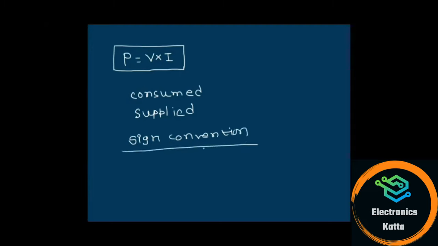We will use this sign convention to know whether an element is supplying energy or dissipating energy. Let's say we have one element and the voltage between the two terminals is V. If current is flowing out of the positive terminal of that element, then we can say that the element is supplying power.